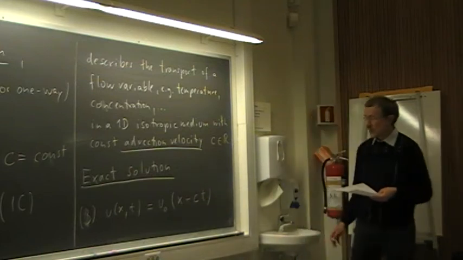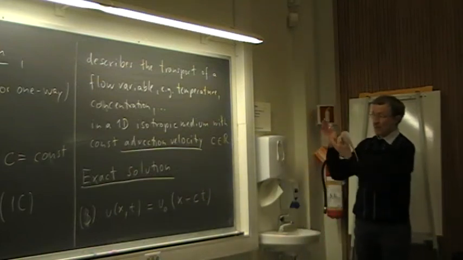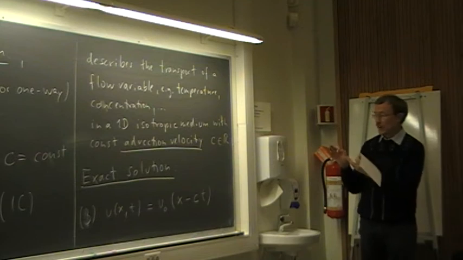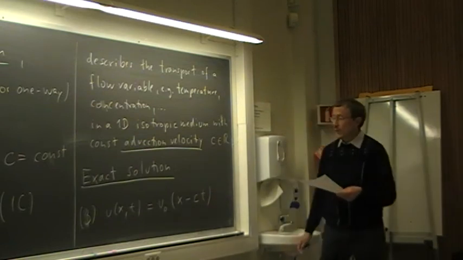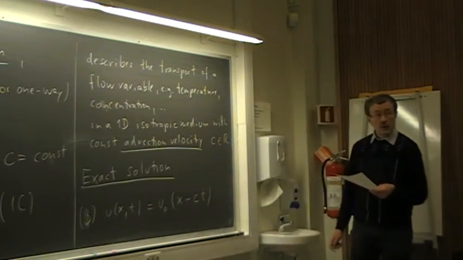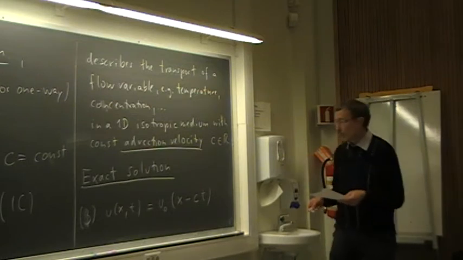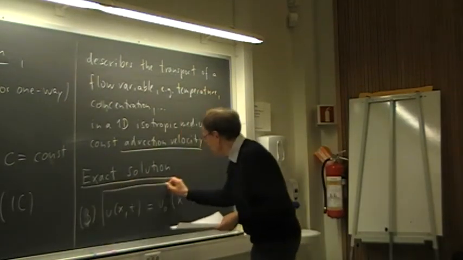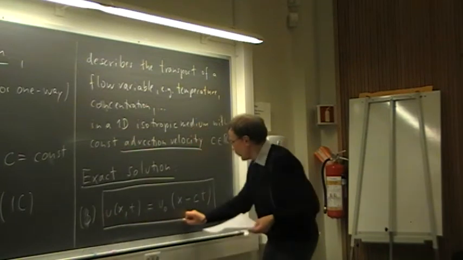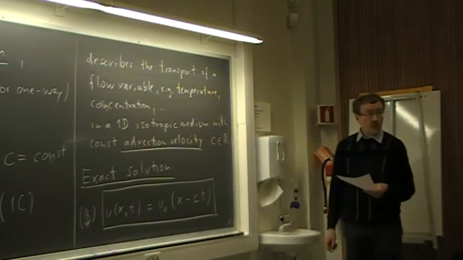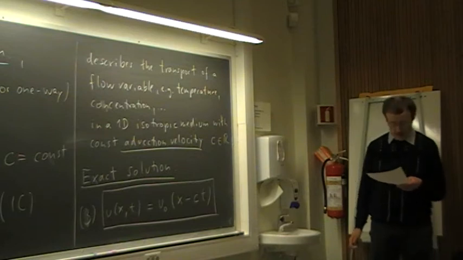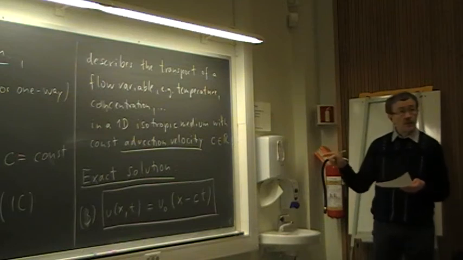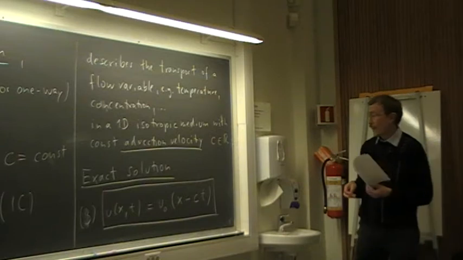That is the distance that, say, the flow travels in the time t. So c times t is the distance. And at that point we take then the initial condition. You can prove that by simply inserting it into the PDE and also checking that the initial condition is satisfied. We'll discuss the boundary conditions in a minute.